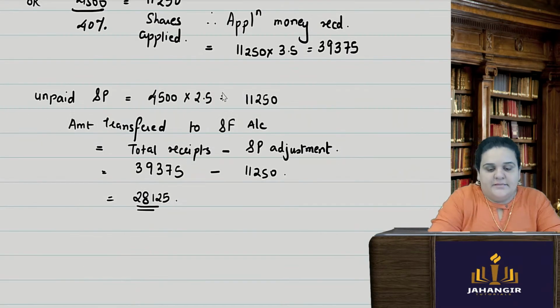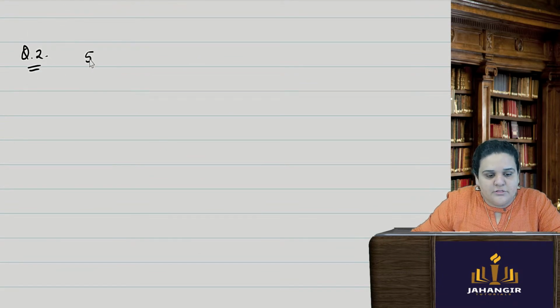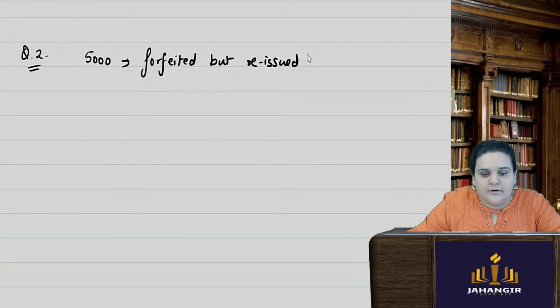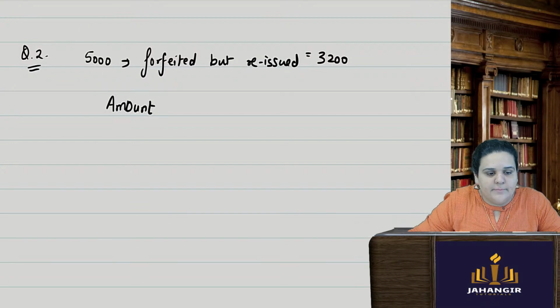Okay, so basically, question number 2. 5,000 shares are forfeited, but reissued are only 3,200. I am just doing the workings with the base of the amount on the reissued shares.